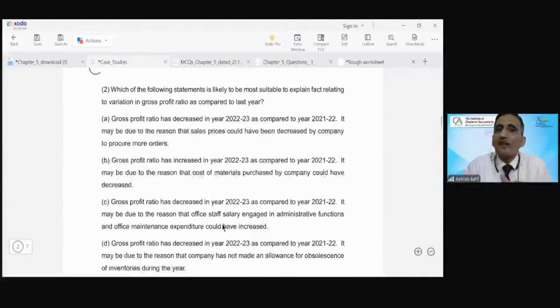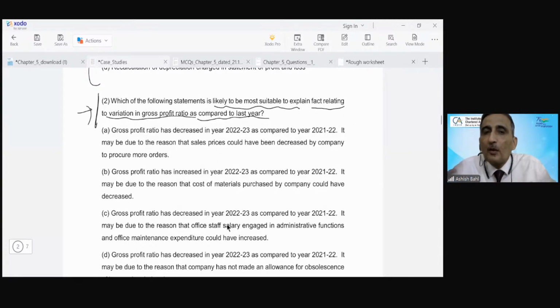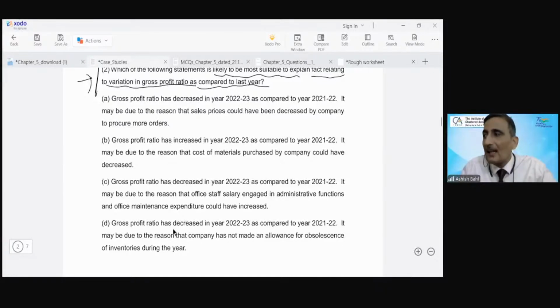It asks which of the following statements is likely to be most suitable to explain the variation in gross profit ratio as compared to last year. So first of all, see whether the gross profit ratio has increased or decreased. Then pick the right option.